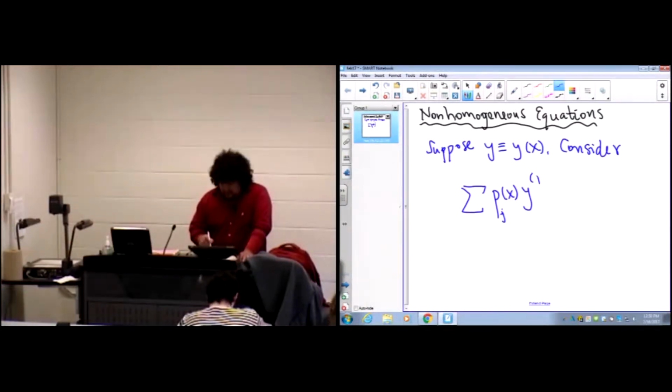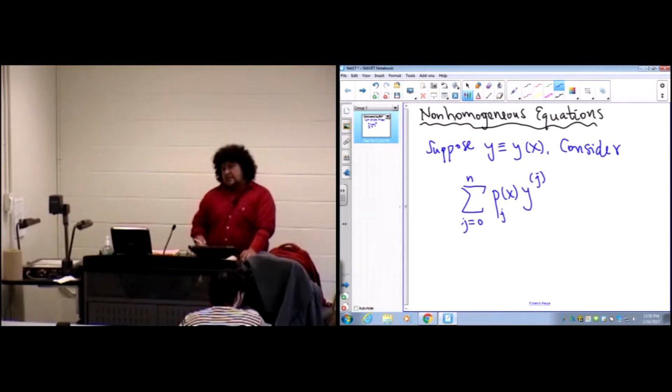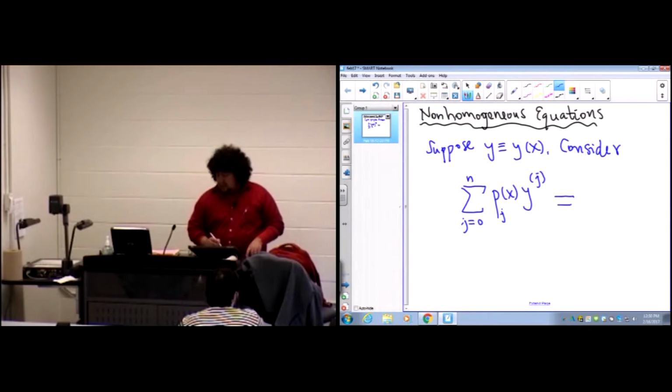Okay, and so this left-hand side is a summation of derivatives, and this p of x is a coefficient function. And so we're going to assume that this linear combination on the left-hand side equals a function of the independent variable. So if we're saying that y is a function of x, then the right-hand side is a function of the independent variable x.